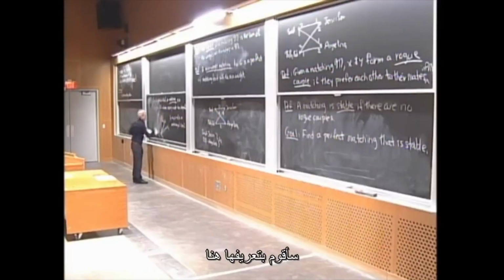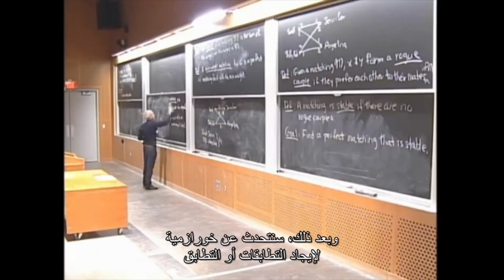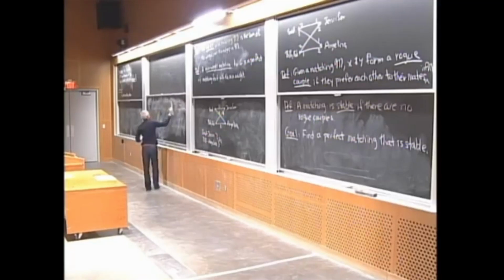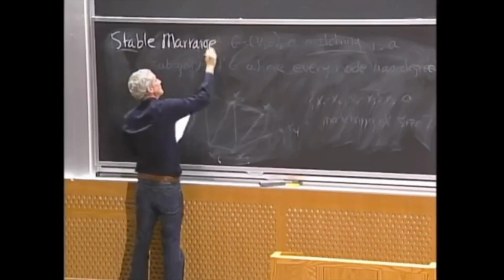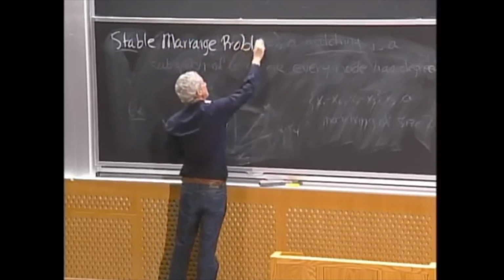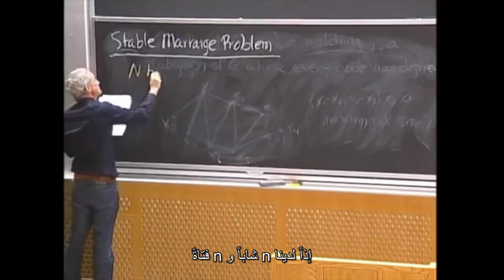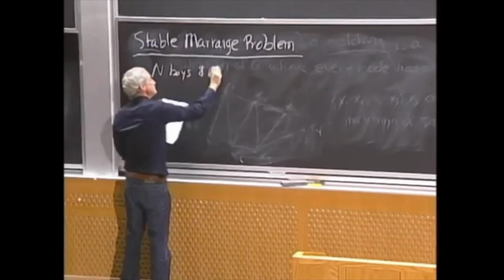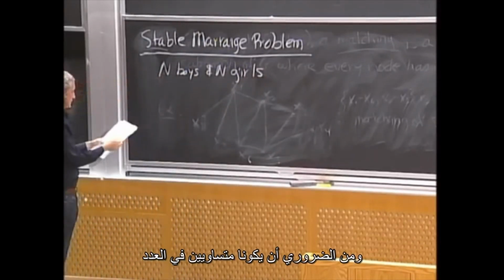So let me just define it here, and then we'll talk about an algorithm to find the matching. So we have n boys and n girls, and it's important we have the same number of each.